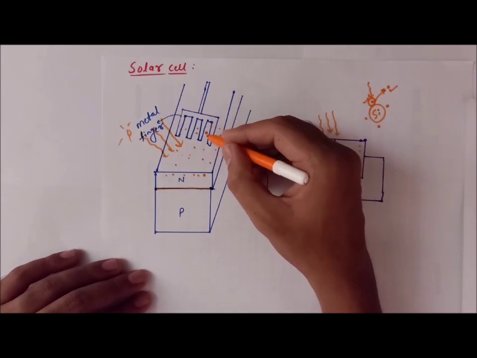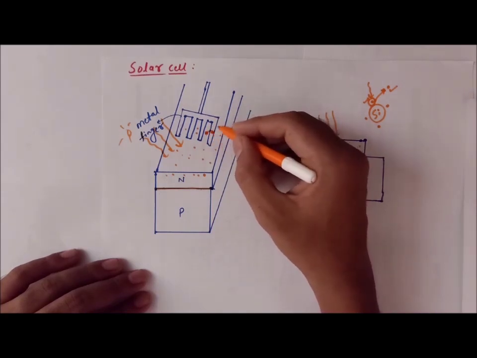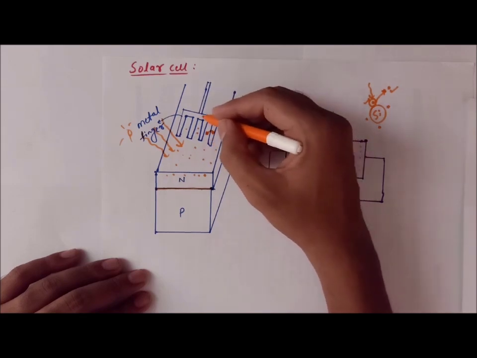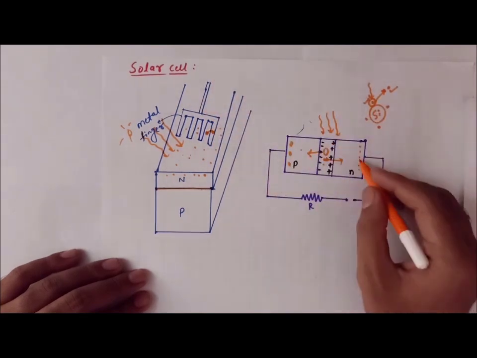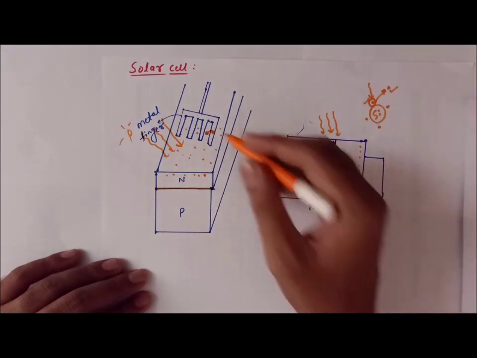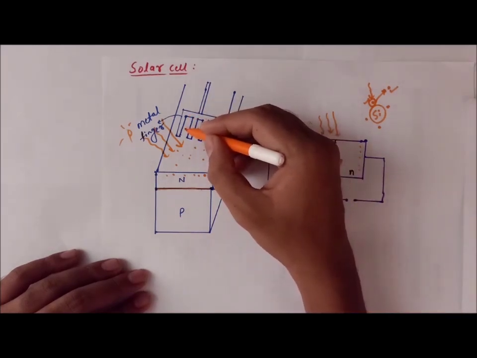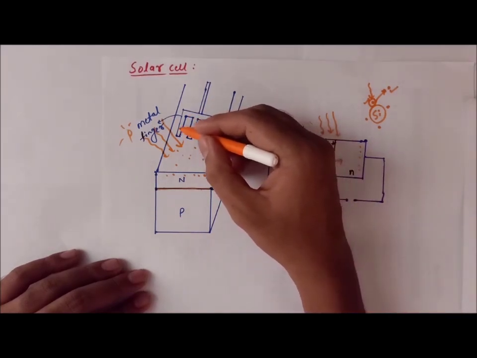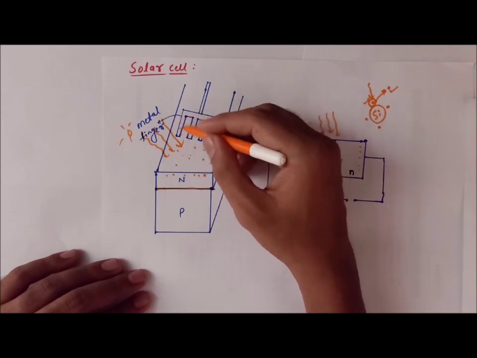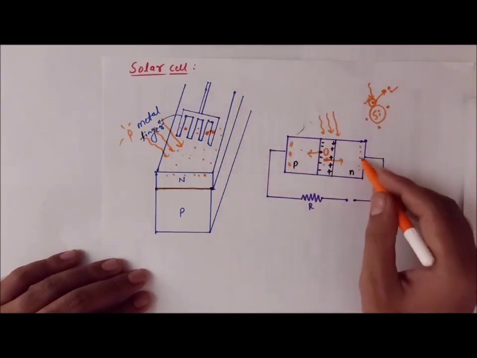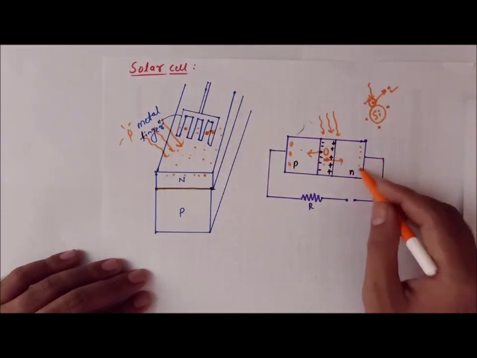The moment an electron is generated, it moves into the metal, and the metal takes that electron and produces the current. When an electron is created here, it goes into this conductor, and that produces the current over here.